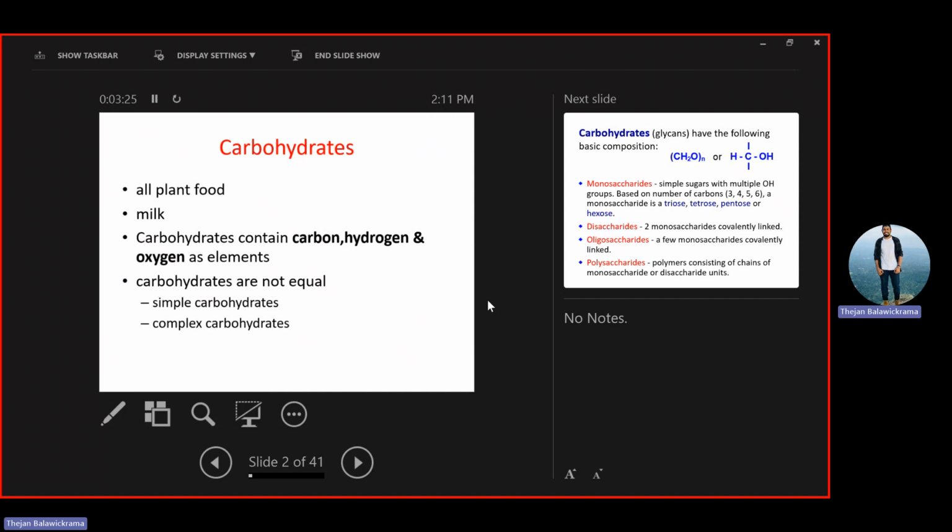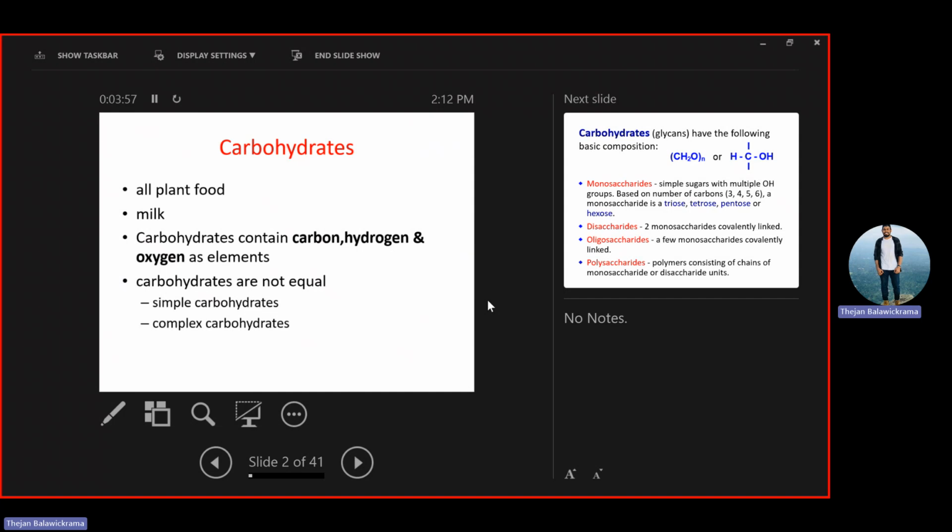And carbohydrates, you know, rice, bread, glucose, lactose, a lot of carbohydrates are there. They are not equal. Each carbohydrate is different from each other. So that we can study easily, we categorize. That's something we always do. When something is so big, we categorize it into small categories and then we start.